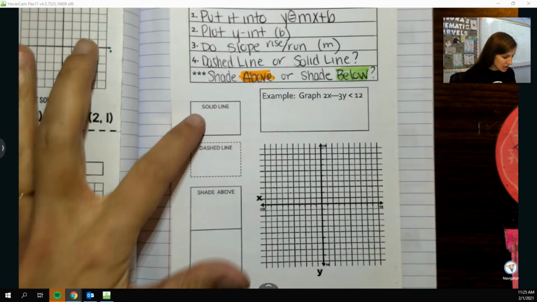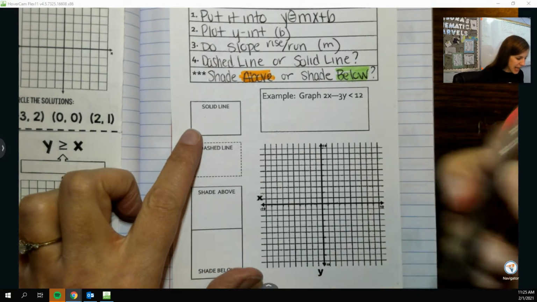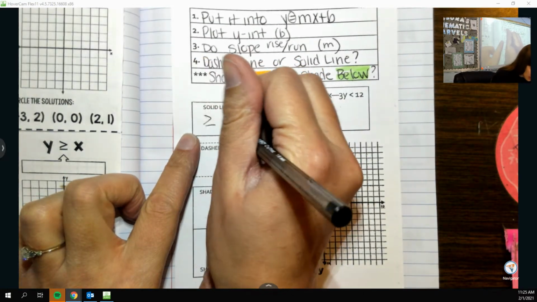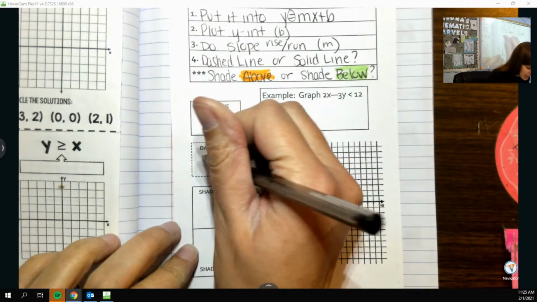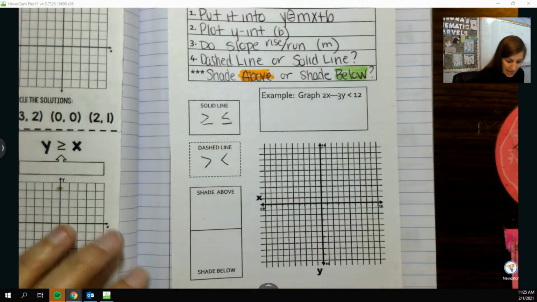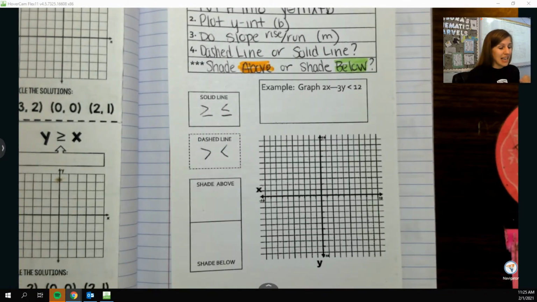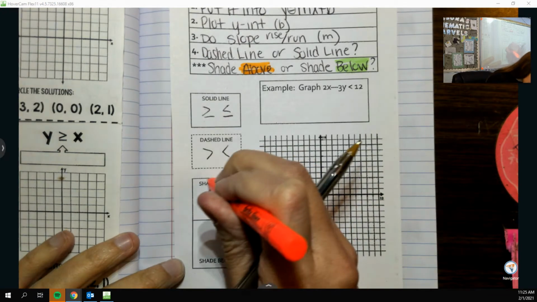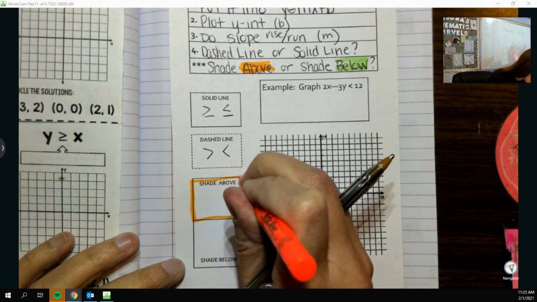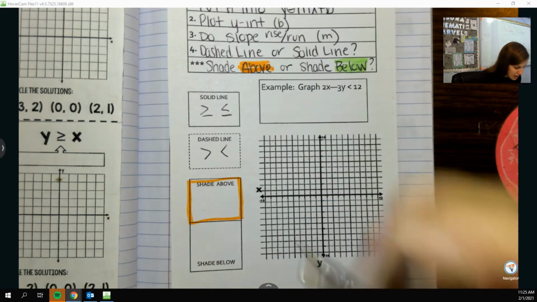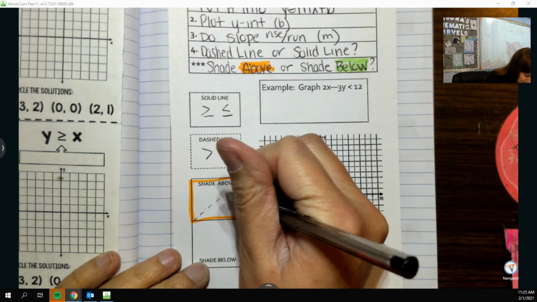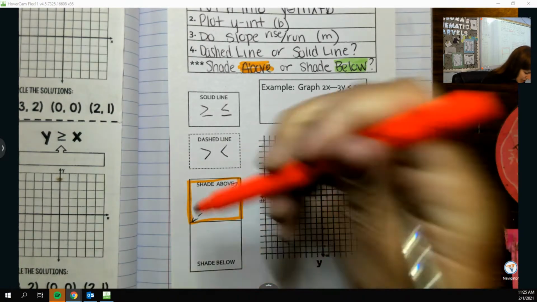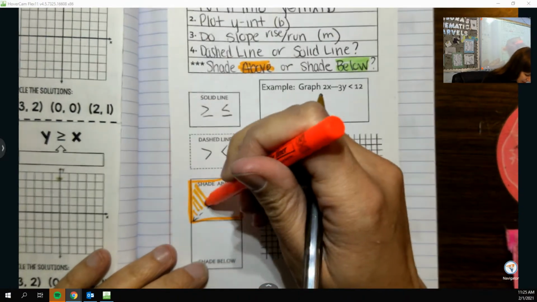So again, just as a little reminder over here, a solid line will be because we are greater than or equal to or less than or equal to. It has to do with the equal to. It will be a dashed line if it's just greater or less. Now, when I say shade above, this can look like a couple of different things depending on what sort of line you have. Like if I have a positive line and I shade above, that's up here.